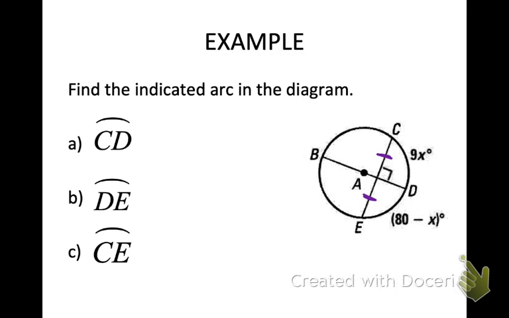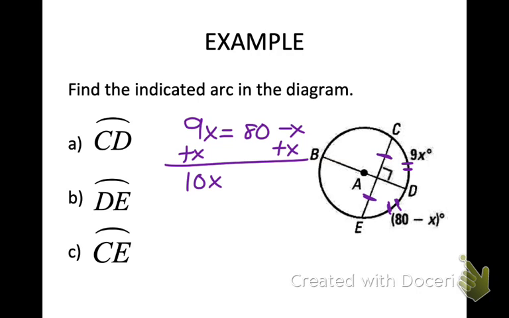But I also know that the arcs are bisected, so this arc would be congruent to that arc. So what would I do with those two algebraic expressions? Set them equal. So 9x is equal to 80 minus x. Adding x to both sides gets 10x is equal to 80. x is equal to 8.